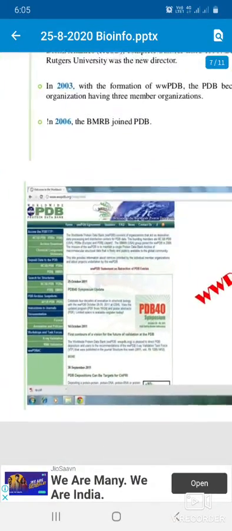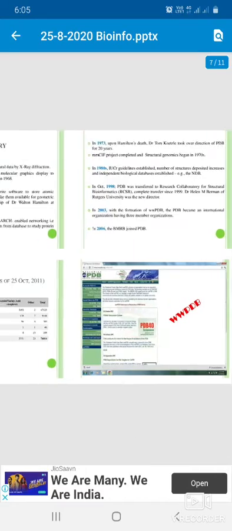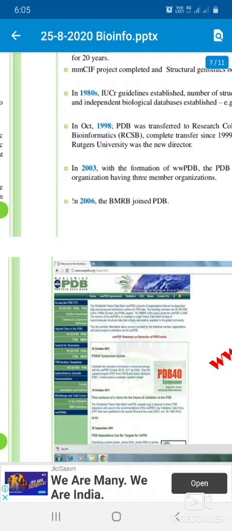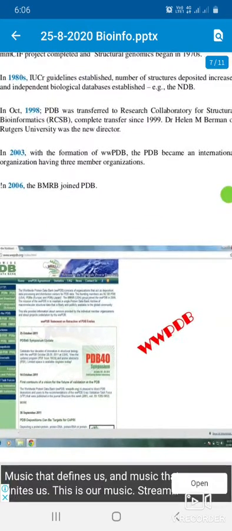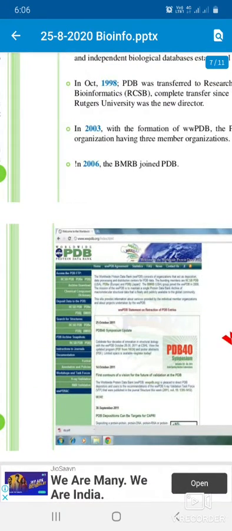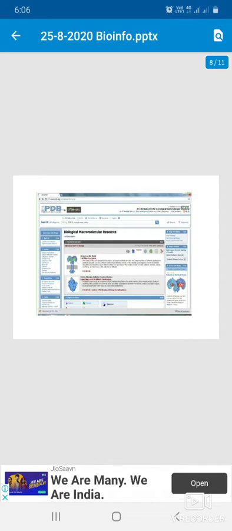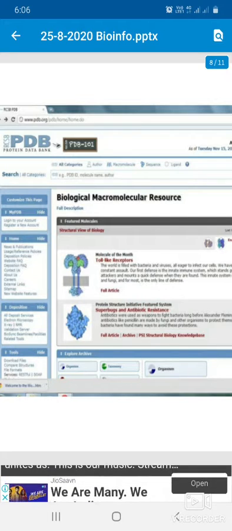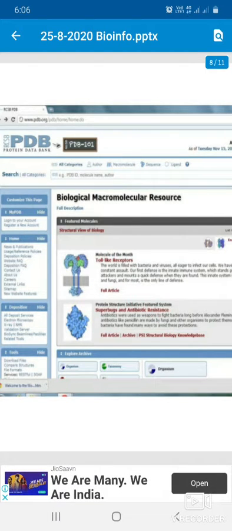Okay, this is the website of PDB, the Protein Data Bank website. You can collect and retrieve a lot of references and stored information from the official website. The updated official website is www.pdb.org.